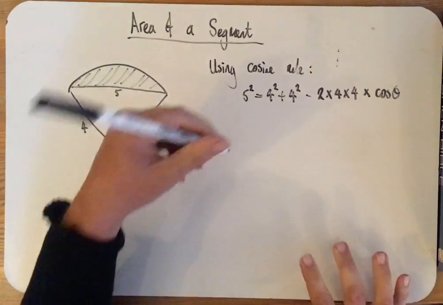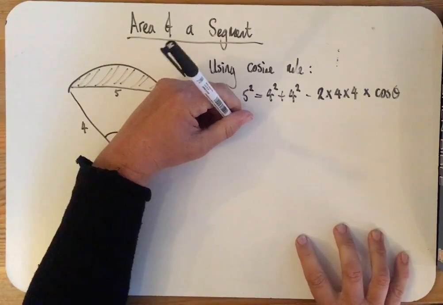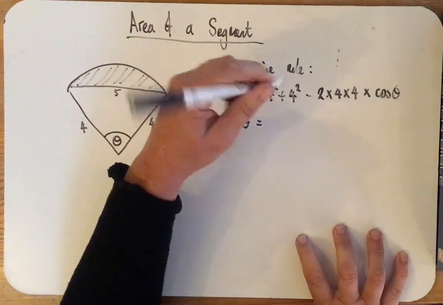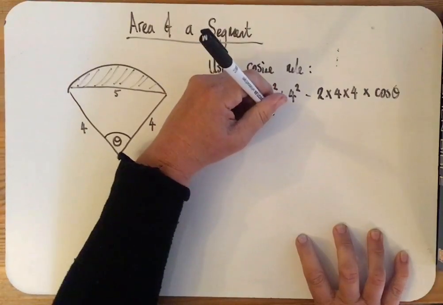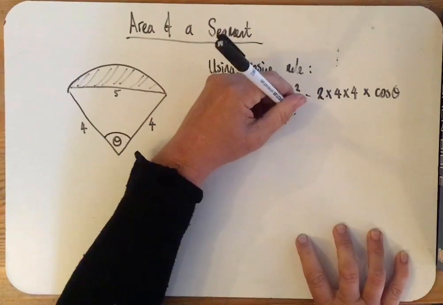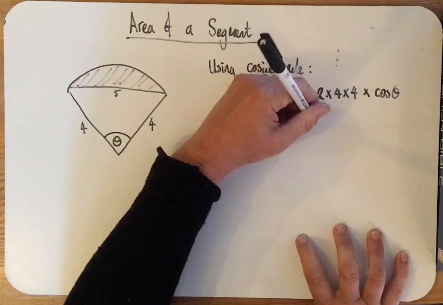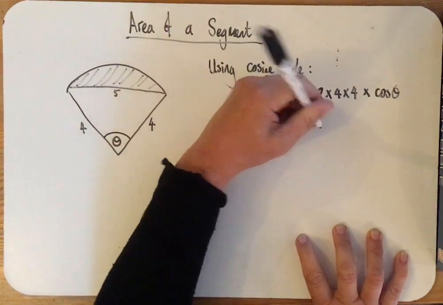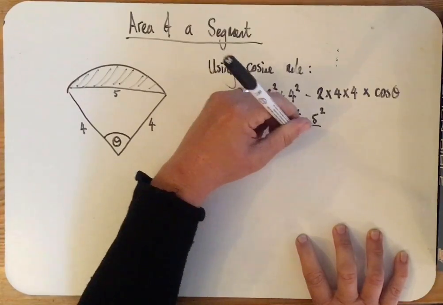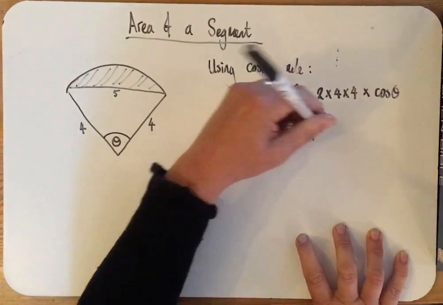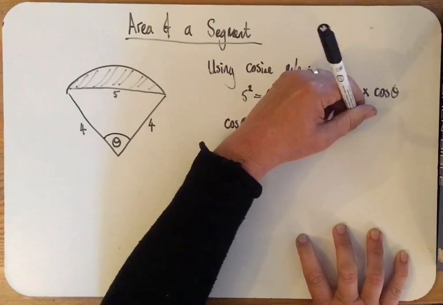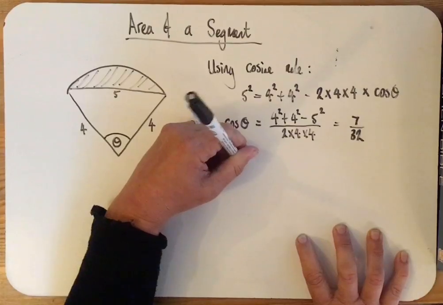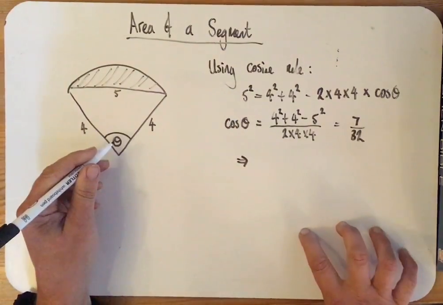Rearranging that to get cos theta. So I'm going to take this over here and do 4 squared plus 4 squared minus 5 squared divided by 2 times 4 times 4, and that gives you 7 over 32. And then you need to be careful because you want this angle in radians.